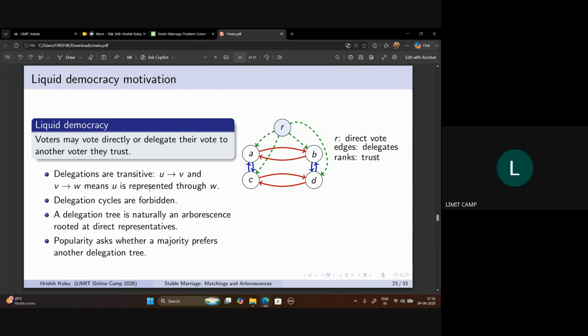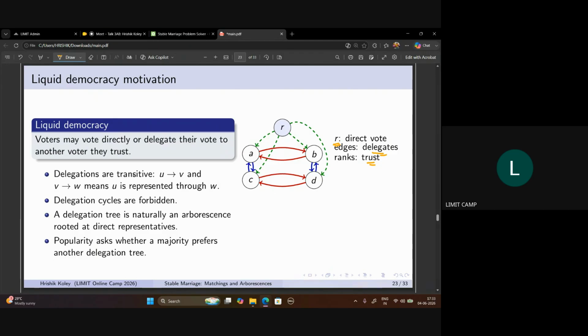I delegate my vote to you. And that's what this arborescence can model. R gives the direct vote, the edges are the ones being delegated to, and the ranks are the trust values of the ones that delegate.